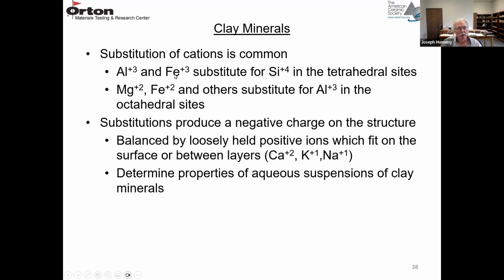If you put a +3 ion on a +4 site, it's going to have a -1 charge. Same thing here. If you put an Fe +2 ion on an Al +3 site, it'll have a -1 charge. Those are balanced by other ions that fit between the layers, like potassium +1, sodium +1, and even calcium +2.